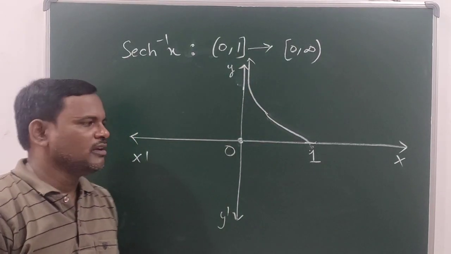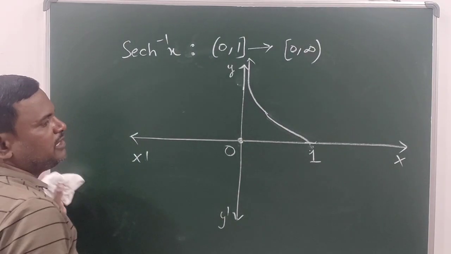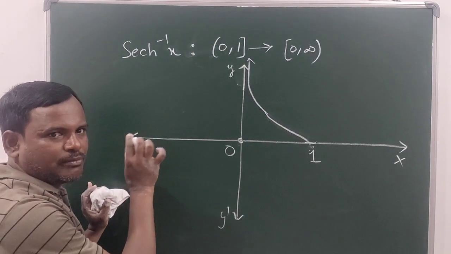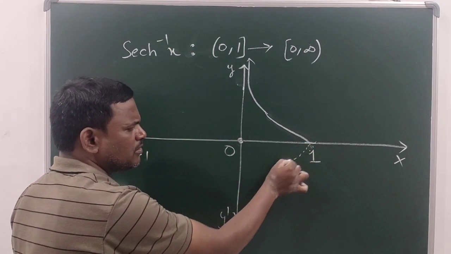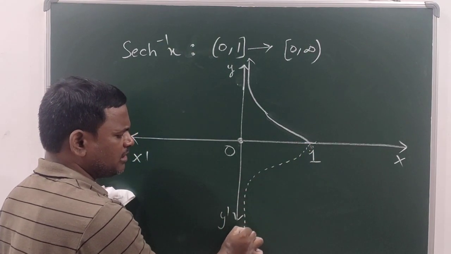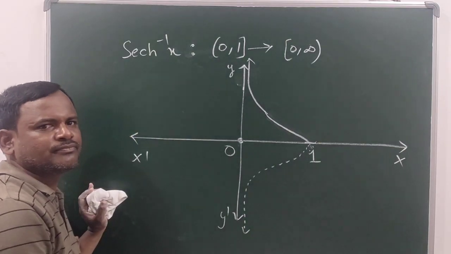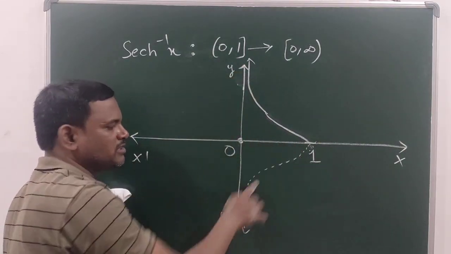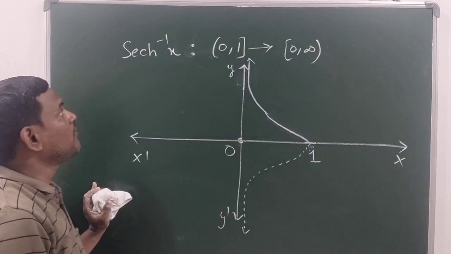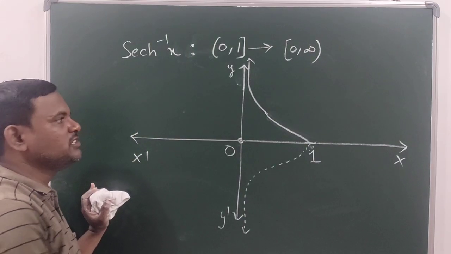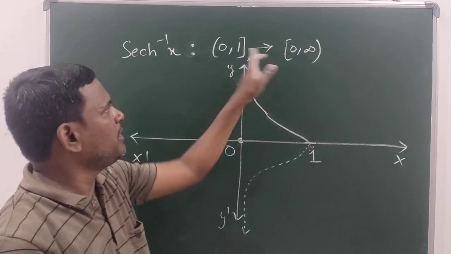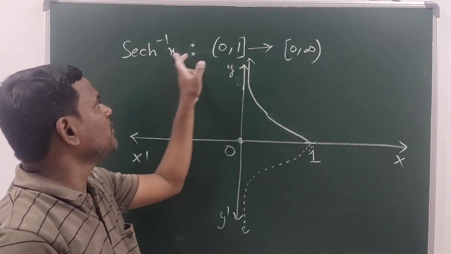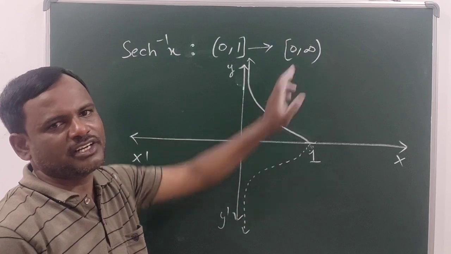Okay, students? Right. See, in the negative interval, if you treat minus infinity to 0 as principal domain, like this you will get in the negative interval. But either you prefer this or this for the graph of sech inverse of x. This is preferable. Okay, if you go to any books, you will find this as domain for sech inverse of x, and this as a range.